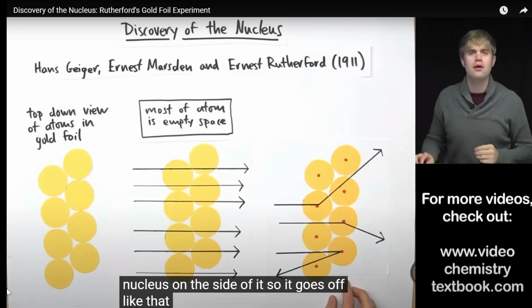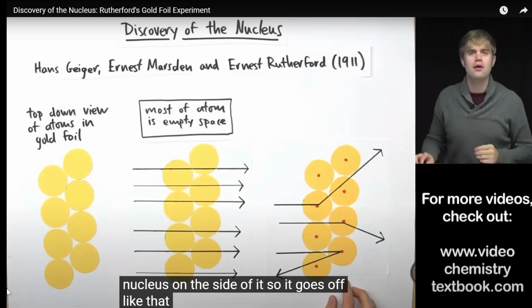Positive. Now, if this is a positive particle, and this is that little small hard thing in the middle of the atom, and this is my alpha particle, and it comes along here, this is positive, and it goes, what probably charges this?